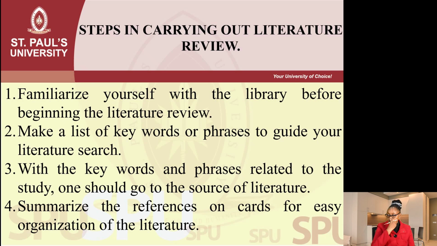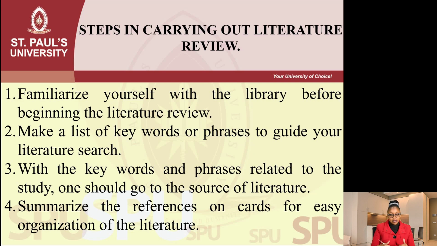And then after that, you make a list of the keywords or phrases that can guide you. If you're researching about, let's say, stress management in an organization, stress becomes a keyword, management becomes a keyword, or both of them. And then, is it in an institution? Is it a county? Is it a school? That also becomes another keyword.